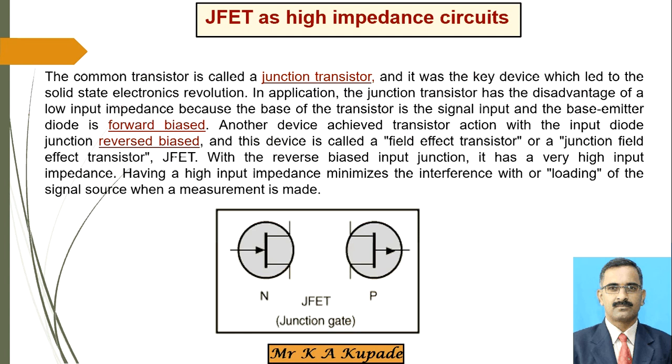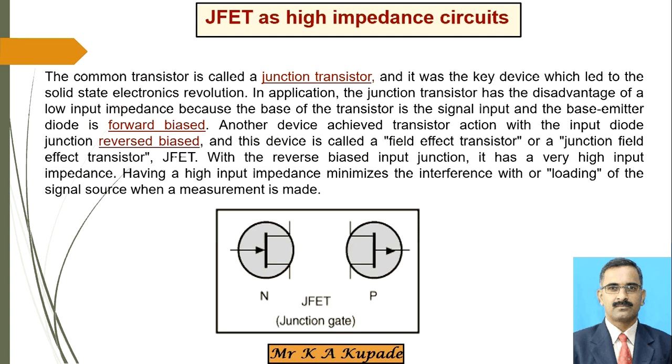Which is very important to minimize interference with other loads or other sources. To minimize whatever interference is happening, this high input impedance circuitry is useful. Or the loading effect which occurs when the signal source device is connected to this particular circuitry, at that time this high input impedance minimizes that effect.